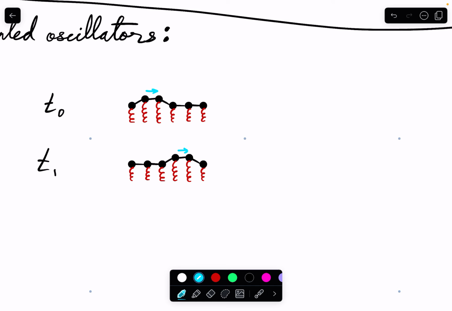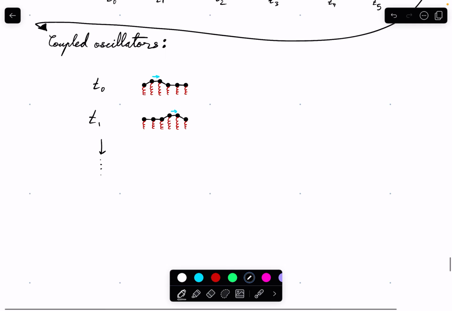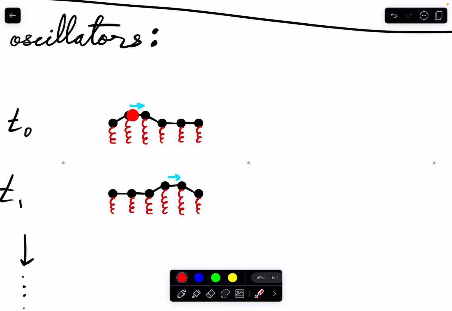And then you can imagine that this can just keep going on. The excitation here is pulled down because its neighbor is down. So it returns to equilibrium, and this one stays up, or then this one eventually pulls this one up.